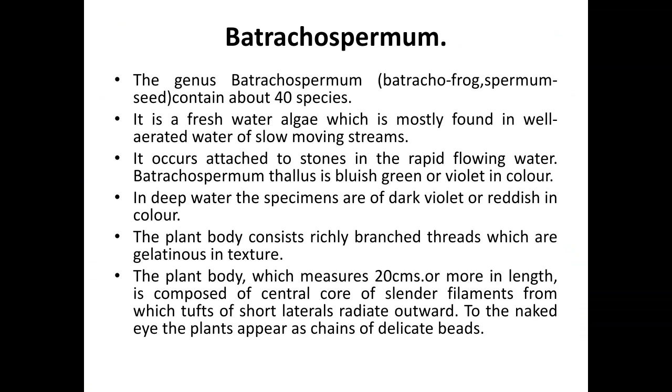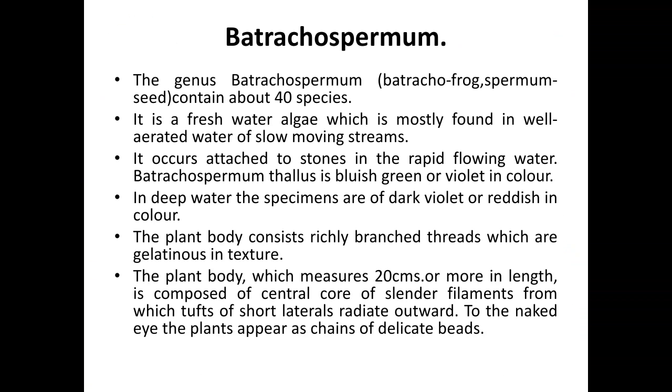The plant body consists of richly branched threads which are gelatinous in texture. The plant body, which measures 20 centimeters or more in length, is composed of a central core of slender filament from which tufts of short laterals radiate outwards.